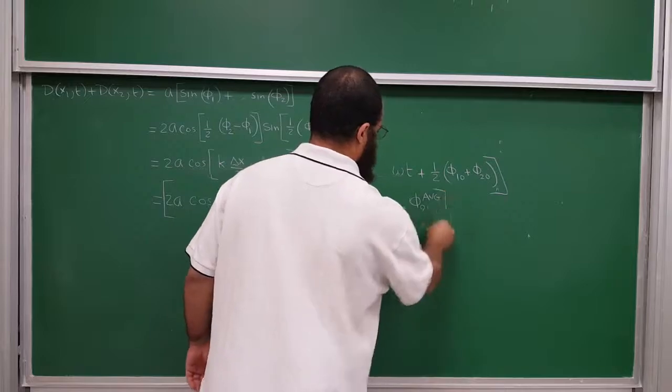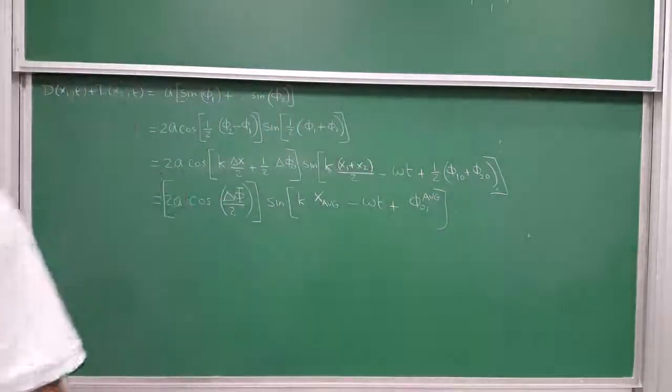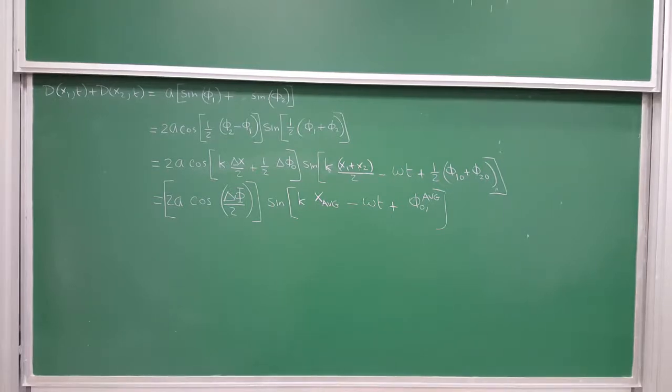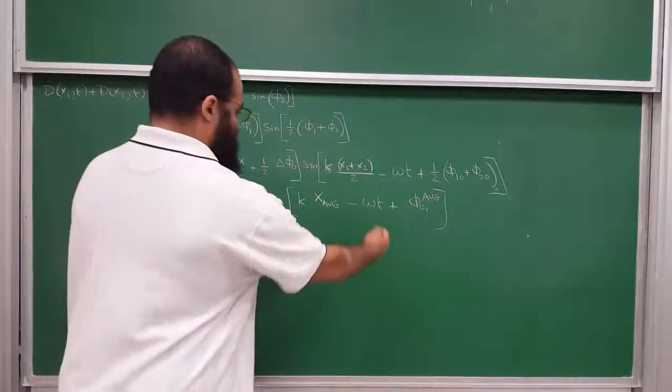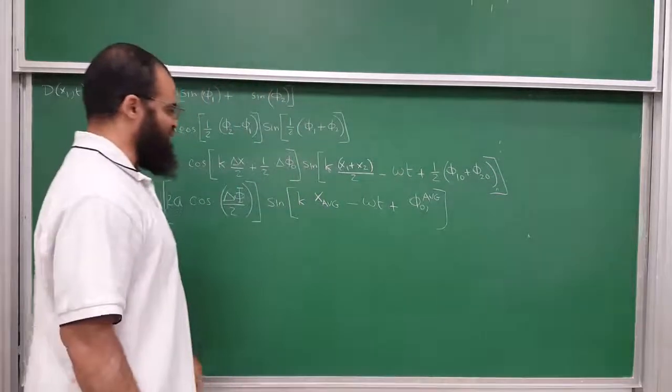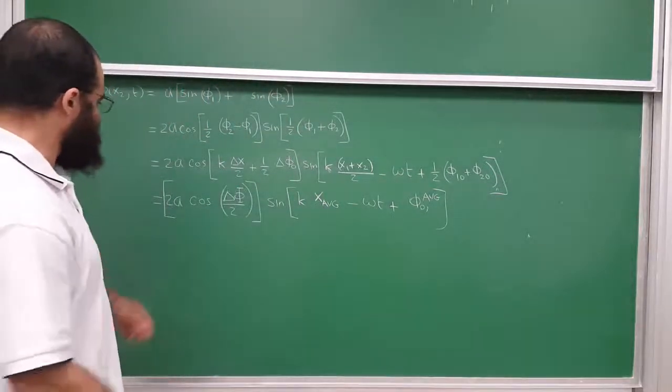Just the average of the phase, and I think that's how they call it. Yeah, phi 0 average and k x average. Now, what you notice here is that this is still a wave, and it's traveling to the right with the same speed.